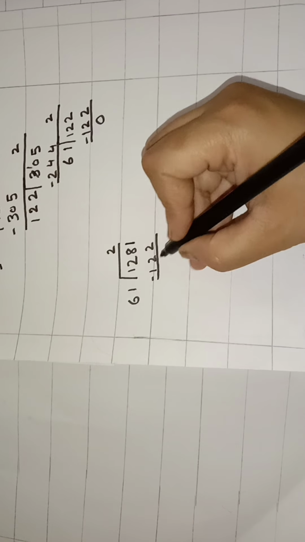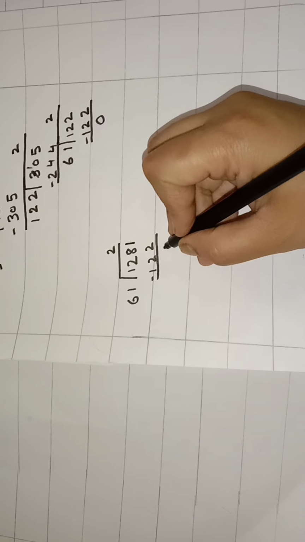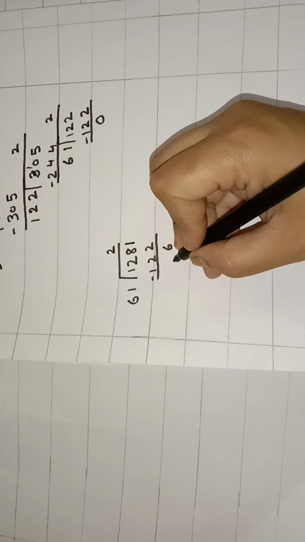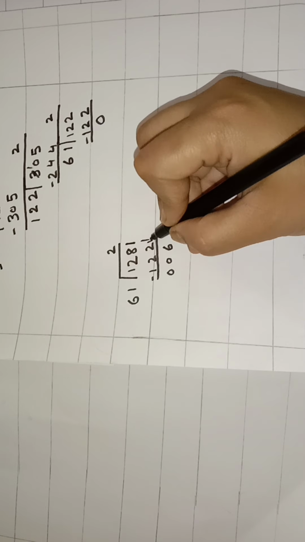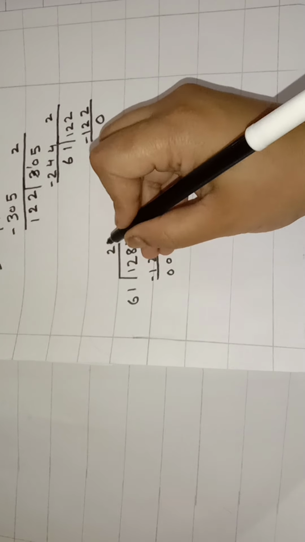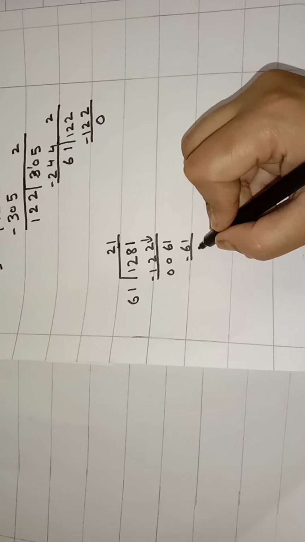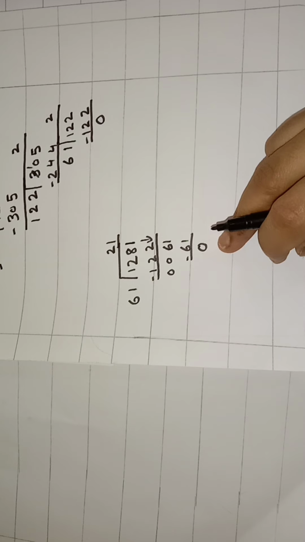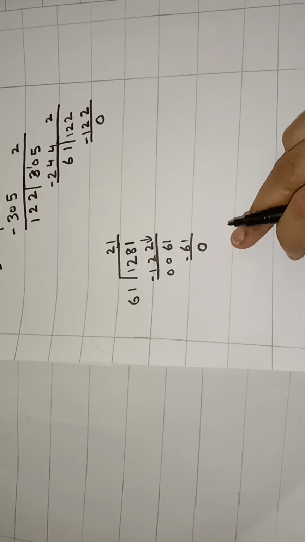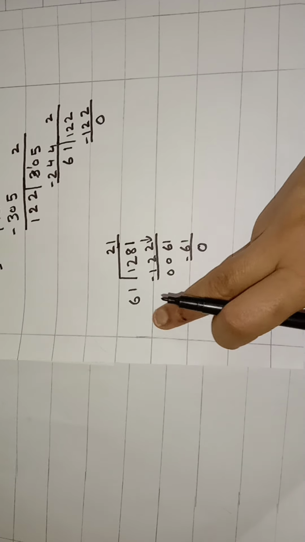On subtracting we have 8 minus 2, 6, 2 minus 2 nothing, 1 minus 1 nothing, putting down that 6. 61 ones are 61. That's all. Remainder is 0. It means that the HCF with our third number 1281 is also 61.